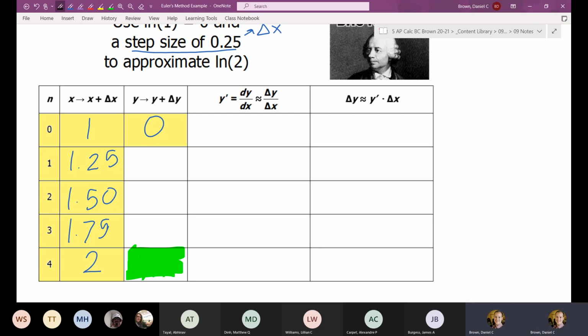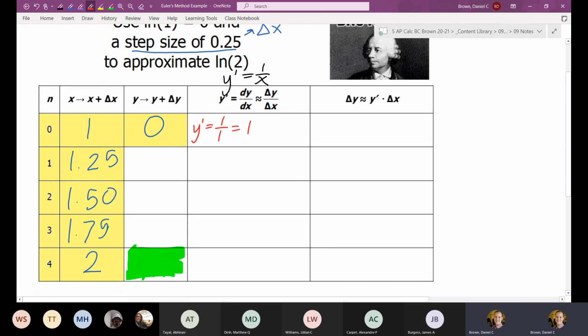So let's go ahead and start filling in the pieces. Y prime, again, is equal to dy dx, which is approximately delta y over delta x. Well, what is y prime? We know this is the natural log of x, so y prime is 1 over x. So I'm going to go ahead and find y prime. Again, y prime is equal to 1 over the x value, which is just going to give you 1.